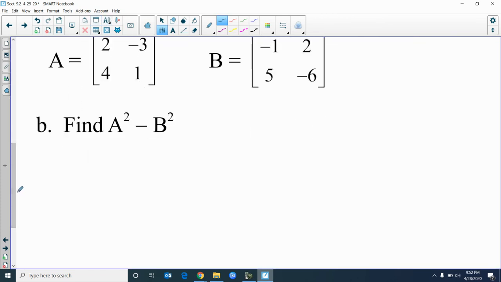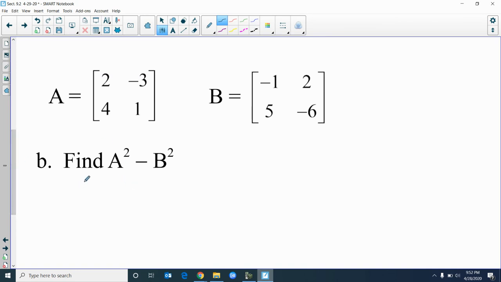All right, same matrices. I just have them down there for me. A squared minus B squared. You got to square A first. You got to square B first, then subtract.